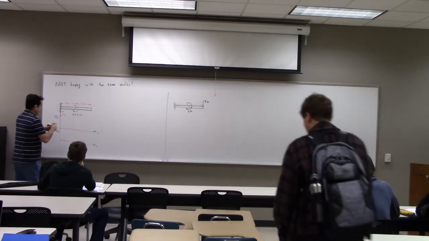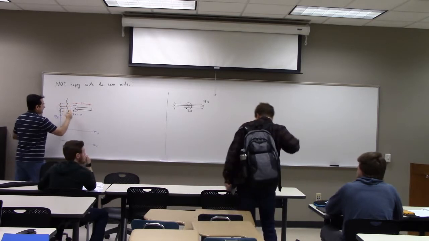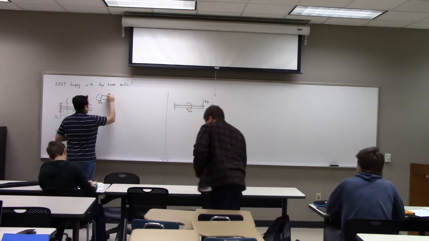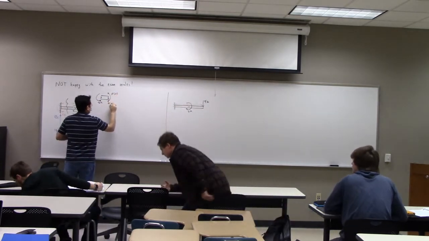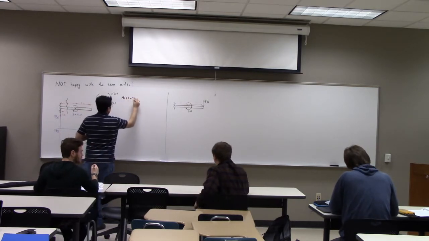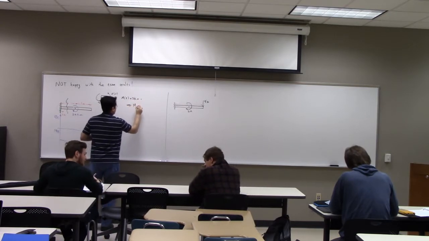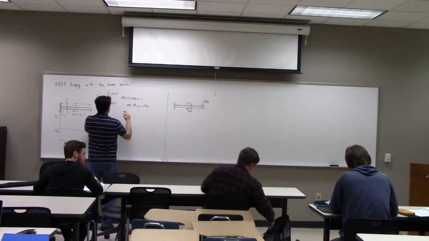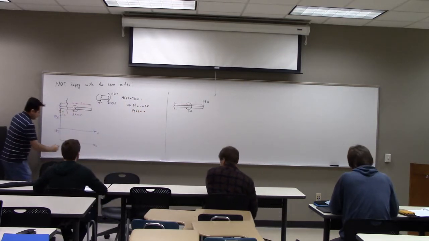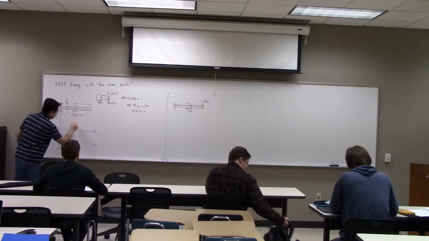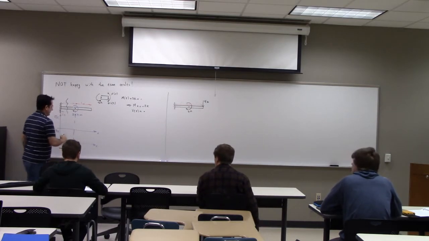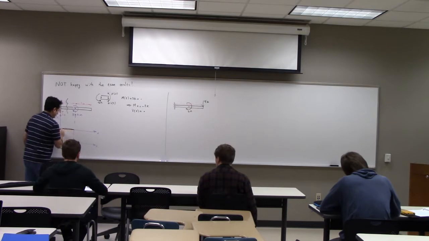If you cut it from here, you're going to get only the 2K this way and MX and VX, the left system. So MX plus 2K is equal to 0. That means MX is equal to negative 2K, and V of X is 0.